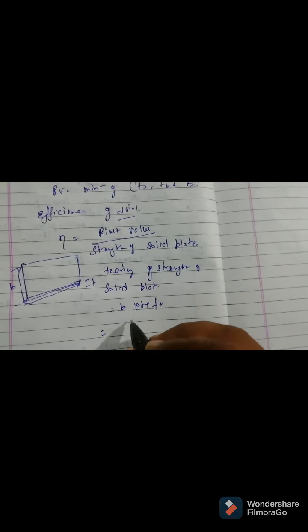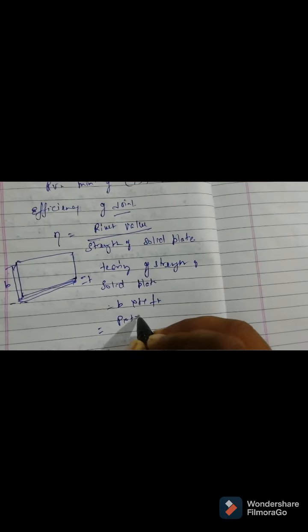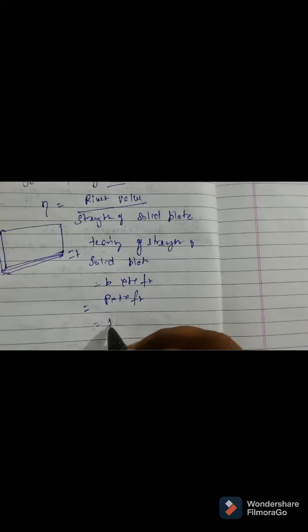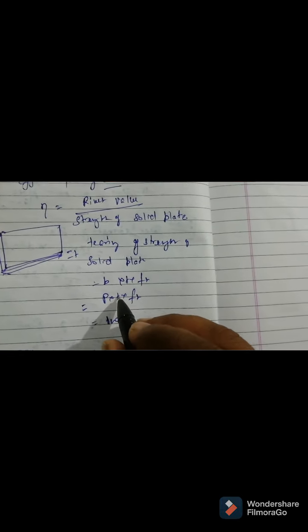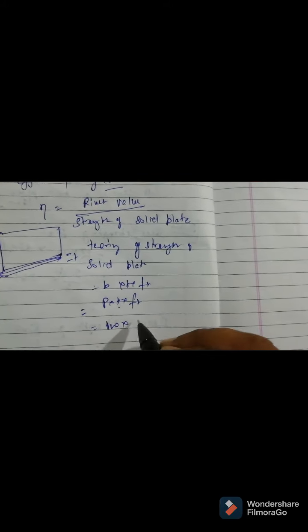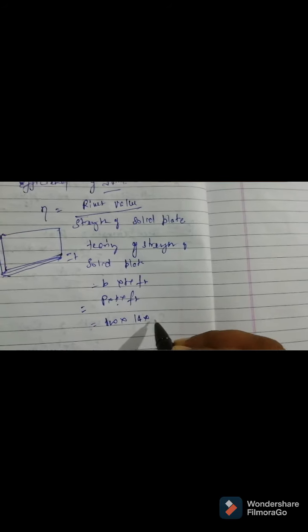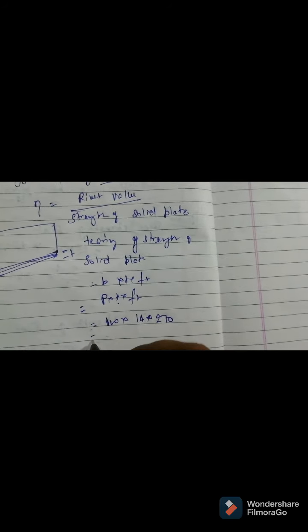B is not given, so you can replace B by P: P into T into Ft. So P is 100, into T, that is the thickness of thinner plate, 14 mm, multiplied by Ft, that is 270. So here we have the strength of your solid plate and the rivet value.